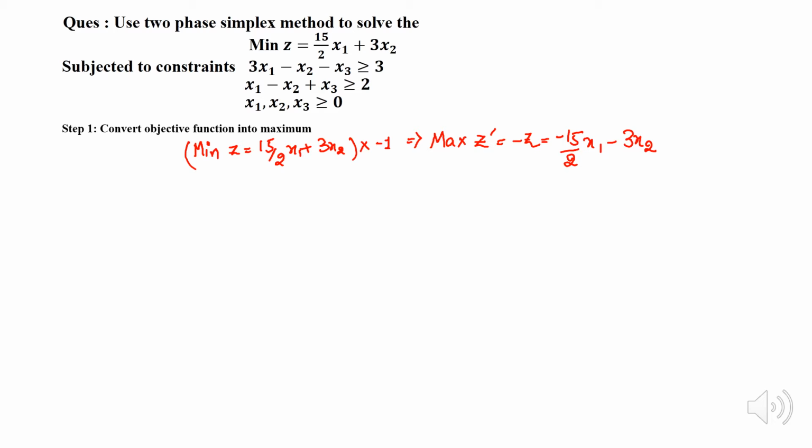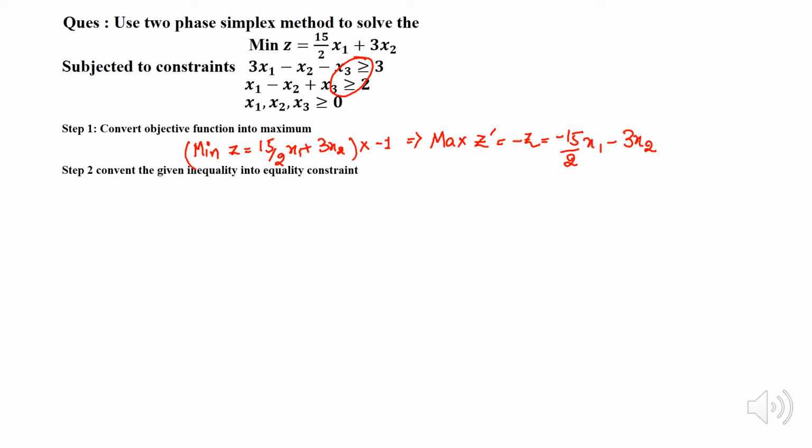Second step involved is to convert inequalities into equality constraints. So here we are having the greater than or equal to form of inequalities. To convert them into equalities, we have to add a surplus variable plus an artificial variable.